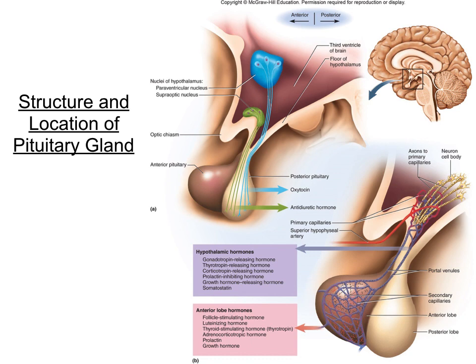The neurohypophysis, which is also called the posterior lobe, is referred to as the nervous portion because it cannot produce its own hormones. Instead, it stores hormones made by the hypothalamus, made by your nervous system, and then when triggered, secretes those hormones into your blood.